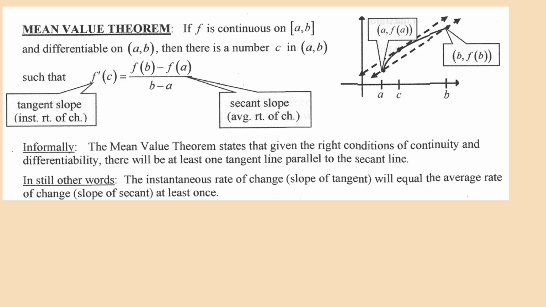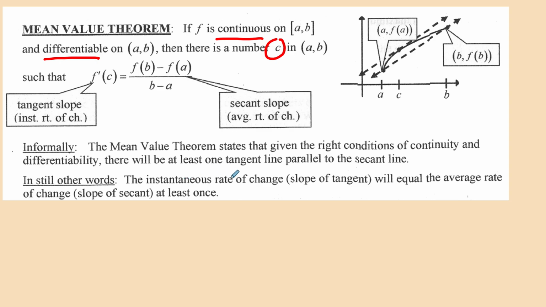All right, so let's summarize the mean value theorem again. There are requirements for the mean value theorem. The function must be continuous and must be differentiable. Continuous, so there's no weird things going on. Differentiable, because we actually use a derivative in the outcome. And then there's going to be a c where the instantaneous rate of change at c is equal to the average rate of change in the interval from a to b.